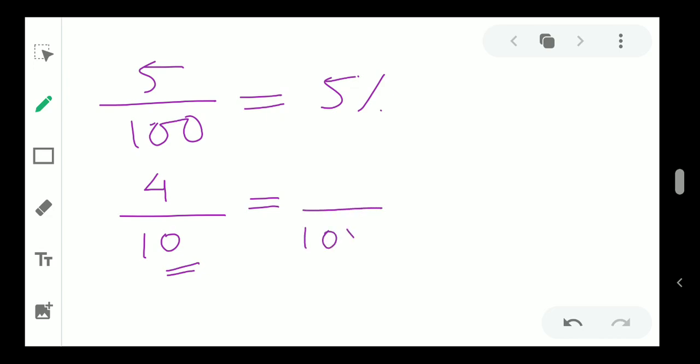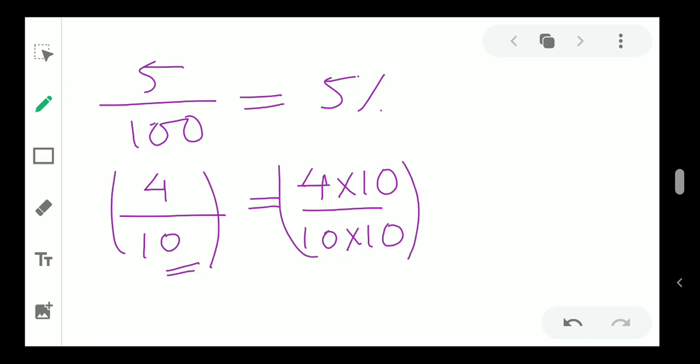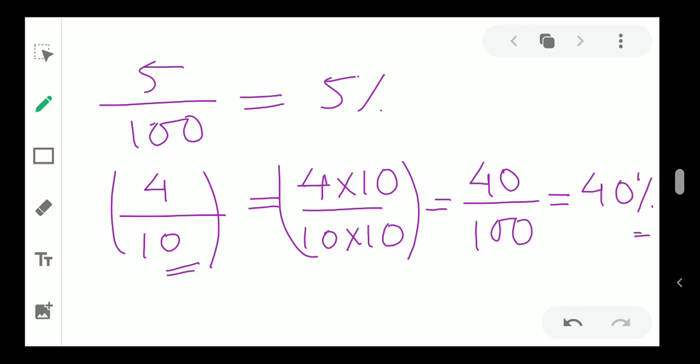If I multiply the down part by 10, I also have to multiply the upper part by 10 to keep the fraction the same. So this has become 40 by 100, and now you can write it as 40%. You have to give this sign. So 4 by 10 is nothing but 40%.